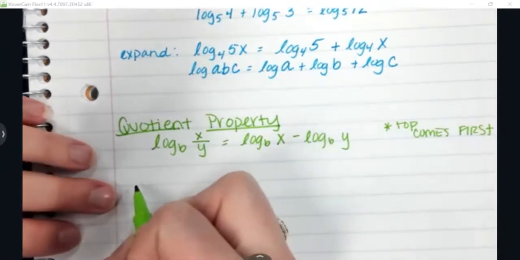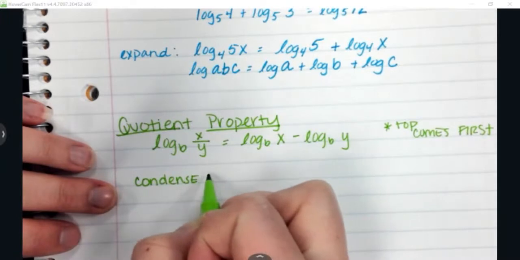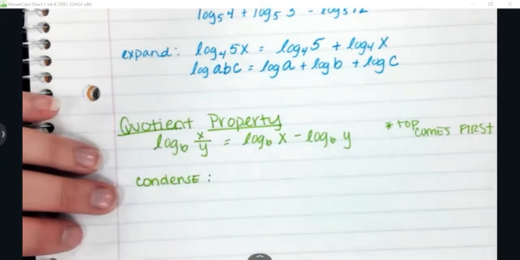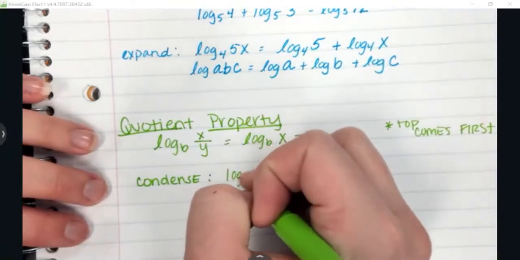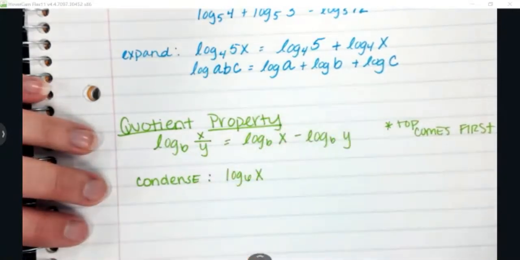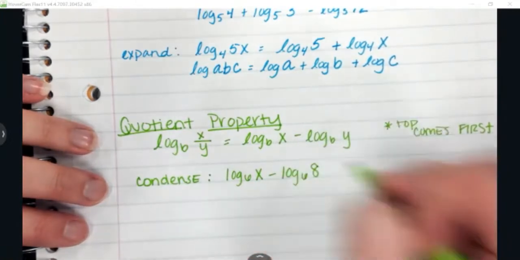So we'll do our two different types. We'll do condense, and then we'll expand. Condense means to make small. So log base 6 of x minus log base 6 of 8.